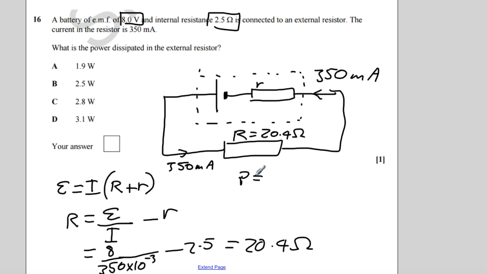But we're being asked what the power is. And something that we should know is that the power is I squared R. So the current squared times the resistance.